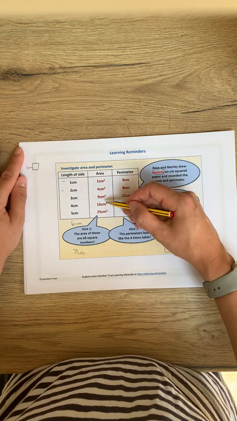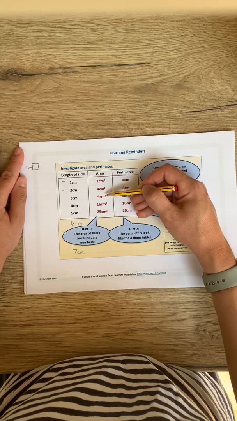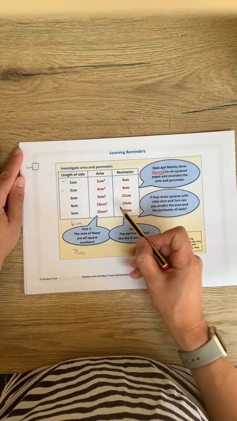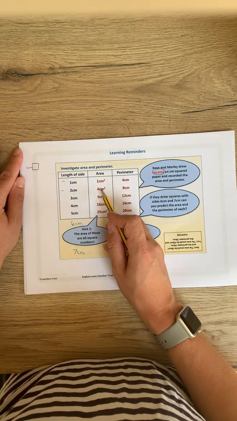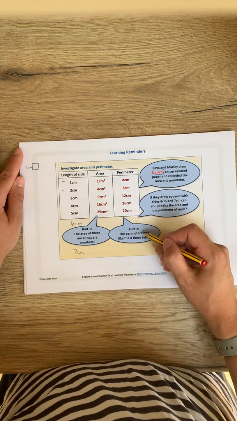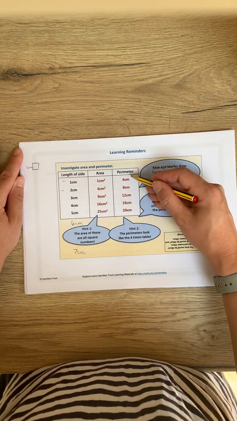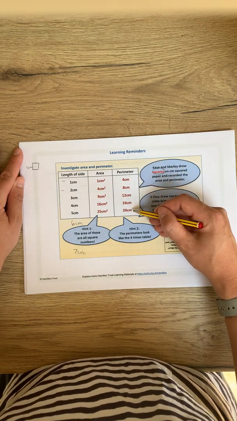The area for all of these squares are all square numbers. So when you multiply one number by itself, and they are going up in square numbers. So 1 multiplied by 1 is 1, 2 multiplied by 2 is 4, and so on. Hint number 2, the perimeters look like the 4 times table. So each time the square gets bigger, the perimeter increases by 4 centimetres.